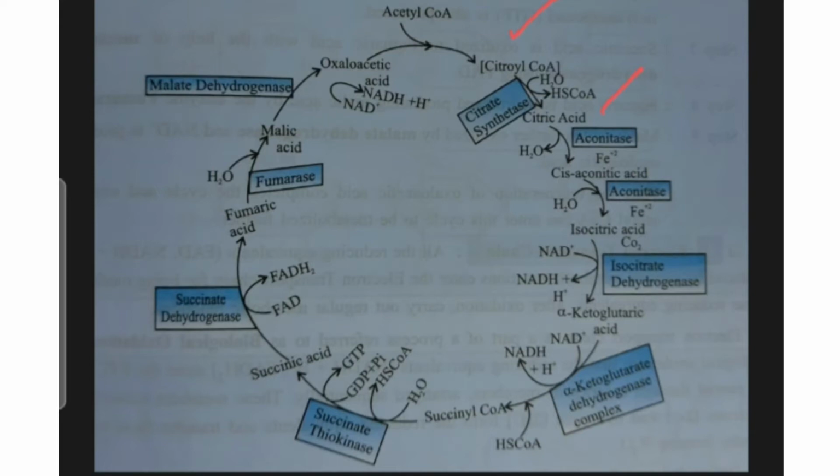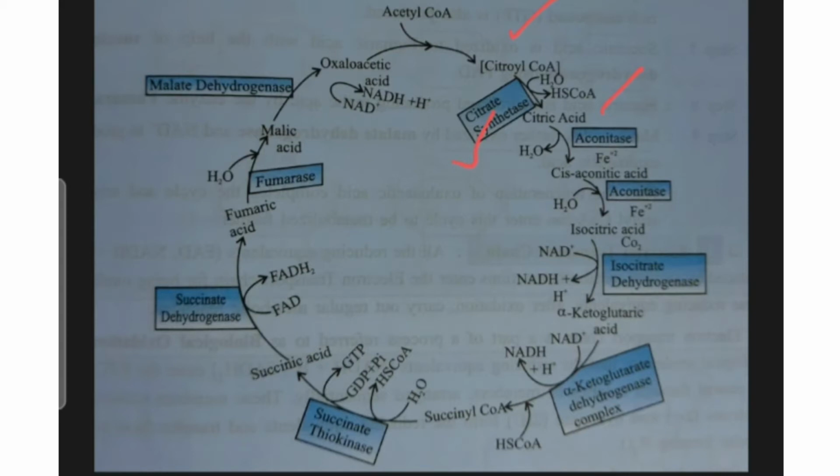The citryl CoA is produced as an intermediate complex, and then it gets hydrolyzed, releasing one molecule of water and producing citric acid. The enzyme that catalyzes the reaction is citrate synthase.